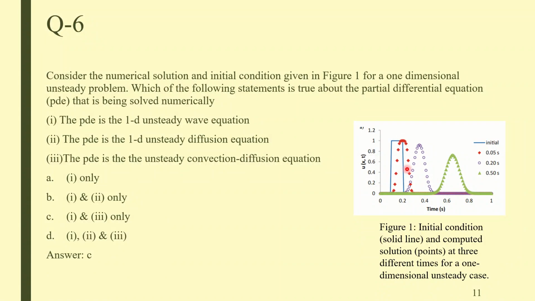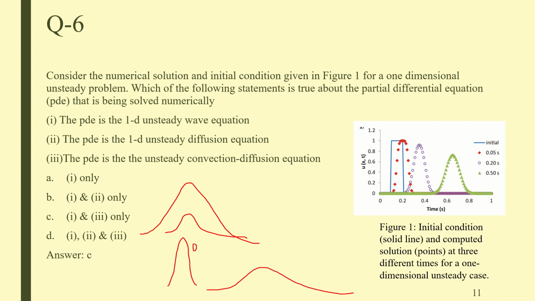So in 0.05 seconds the wave was like this, whereas at 0.2 seconds it has become like this, and at 0.5 seconds it is more diffused. This area remains the same across these three, but it is more diffused in this one. What was like this at 0.05 seconds has become more diffuse at 0.5 seconds.